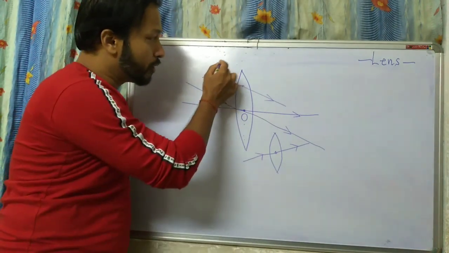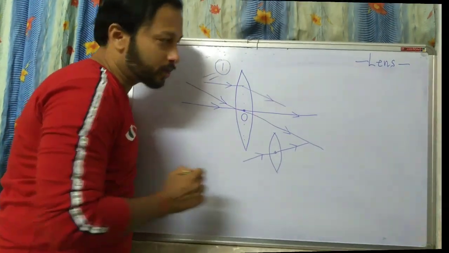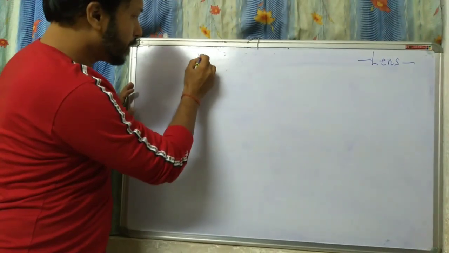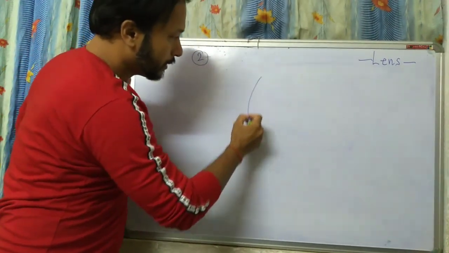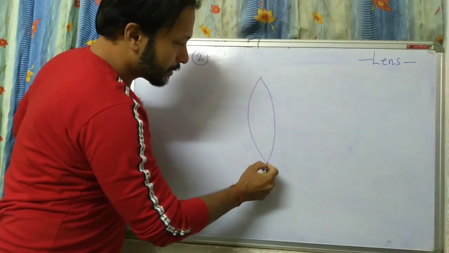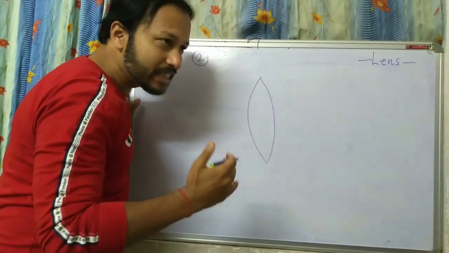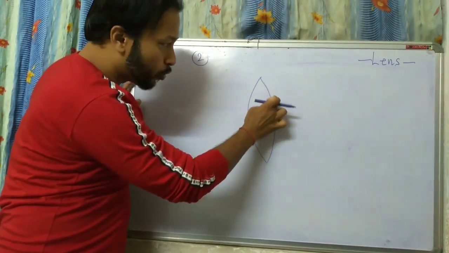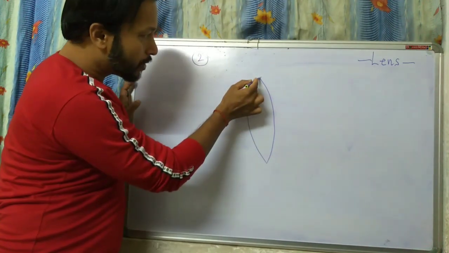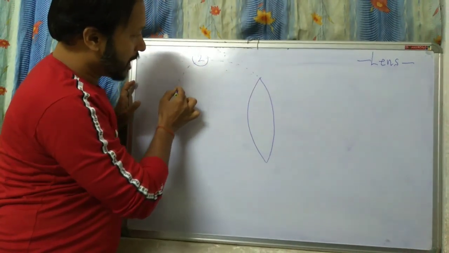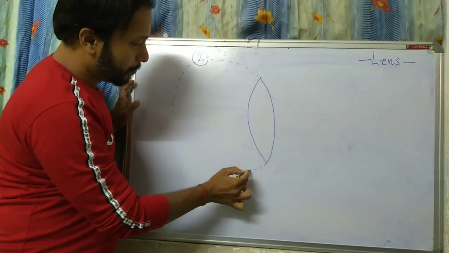So number one, we discussed pole. Number two, this is the lens. Now I can consider that this portion is the part of a circle. You have to imagine the circle.